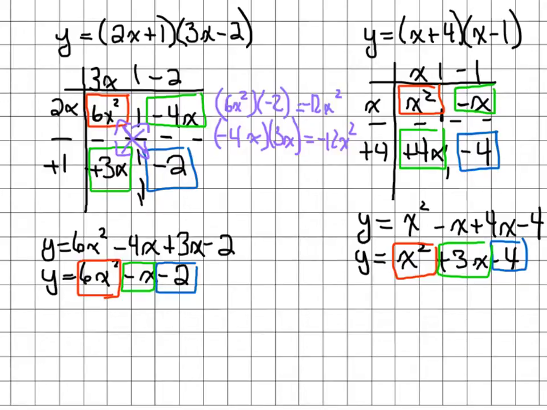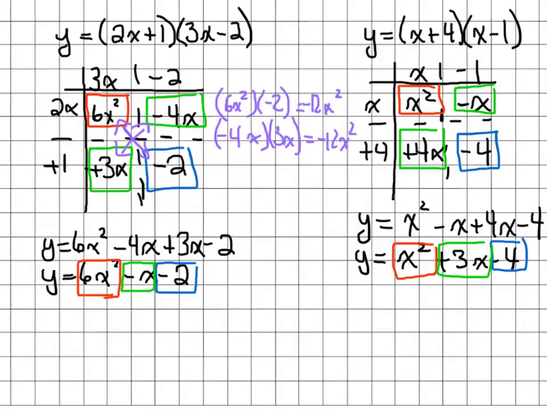And if you'll notice, we have a little multiplication symbol in the middle. And as you can see here, the same thing holds. X squared times minus 4 is minus 4x squared, and 4x times minus x is also minus 4x squared.